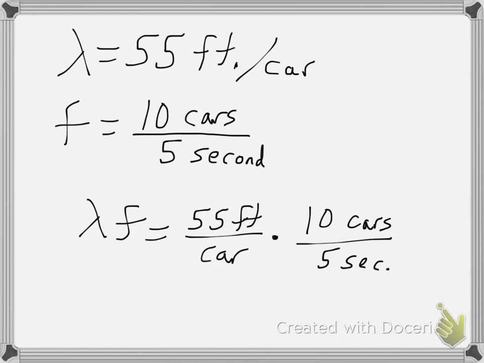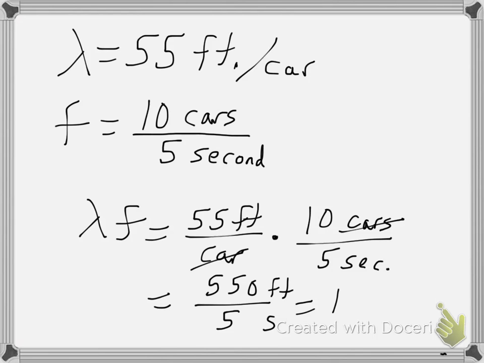My units of cars cancel out, and I'm left with 55 times 10, which is 550, divided by 5, in feet per second. This is just 110, but what are my units?